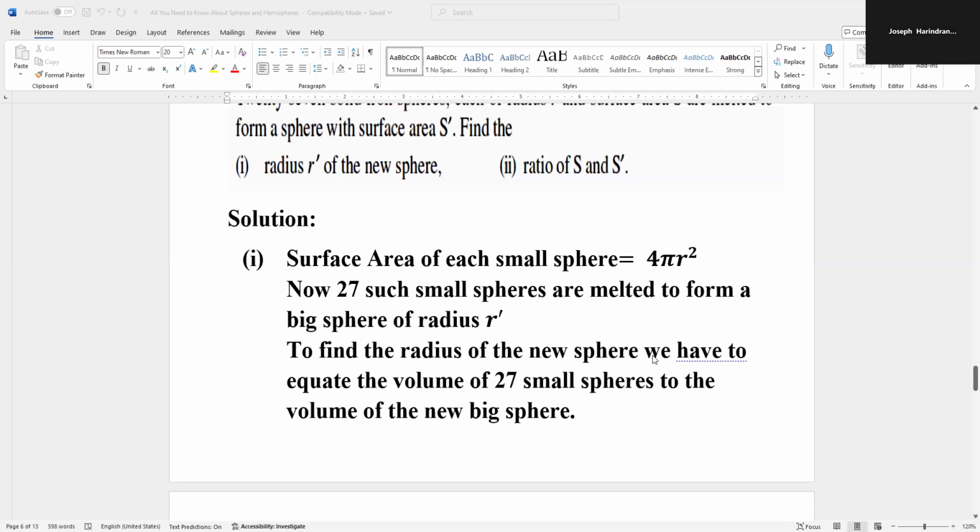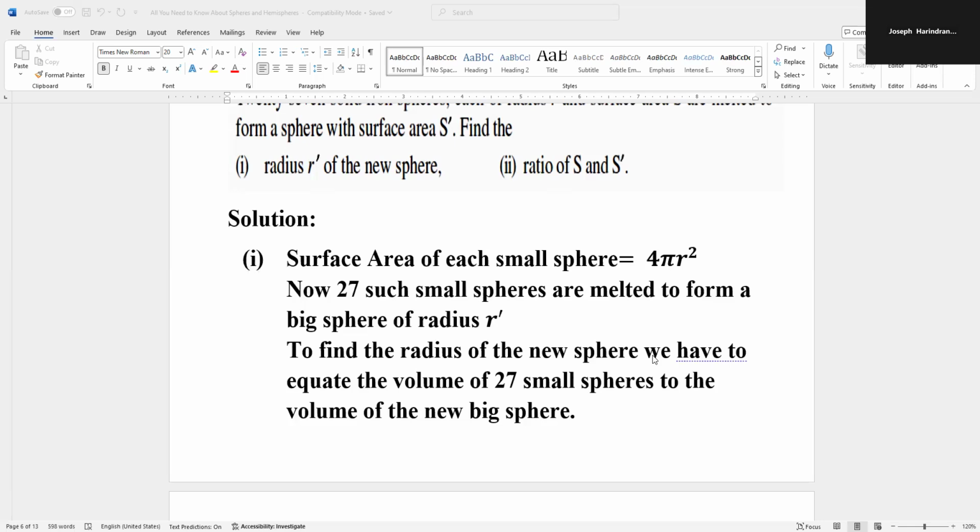First part of the question: the surface area of each small sphere is equal to 4 pi small r squared. It is given in the question that small r is the radius of the small sphere. Now 27 such small spheres are melted to form a big sphere of radius r dash. To find the radius of the new sphere, which is a larger sphere, we have to equate the volume of 27 small spheres to the volume of the new big sphere.